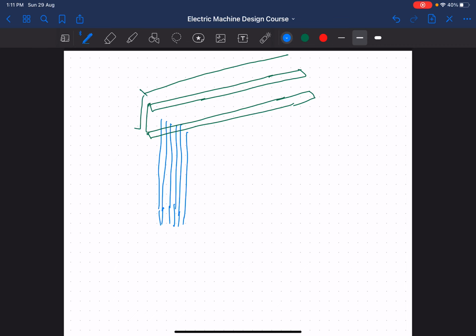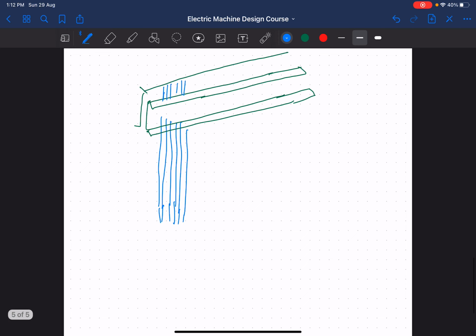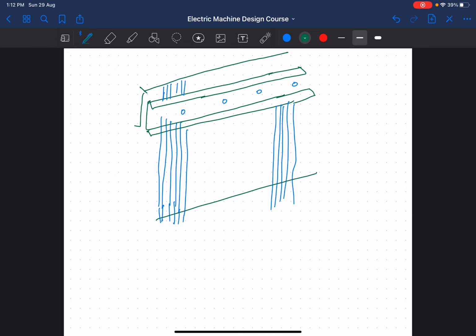In between these two bars you have this, and you have bolts here, and you have a similar construction on the bottom as well.